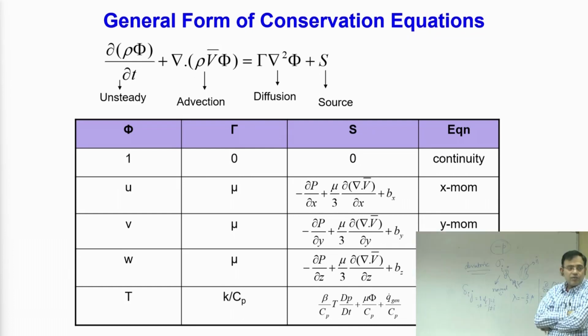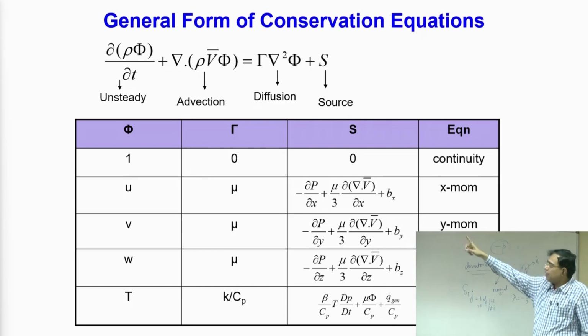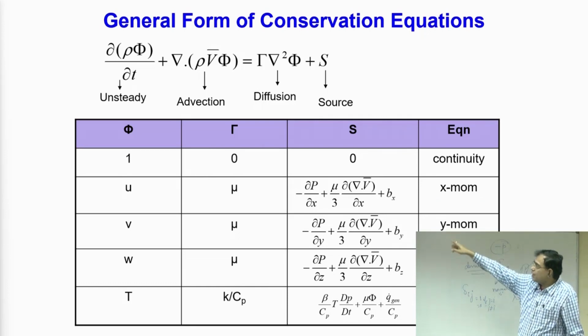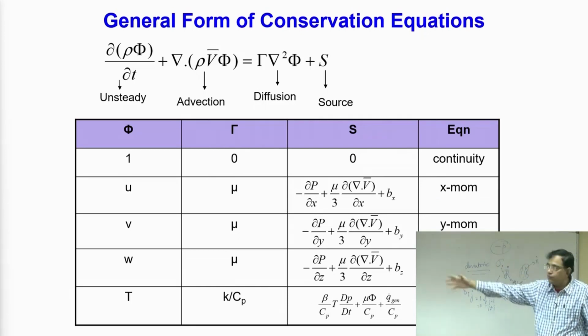So, it is the divergence of something, then you have something which is the diffusion, like for viscous flow the viscosity is like the origin of diffusion. For a heat transfer problem, heat conduction is the origin of diffusion. So, physics may be completely different, but just by changing the values of this phi and the gamma, which is the so called diffusion coefficient, you can see that you can retrieve many equations.